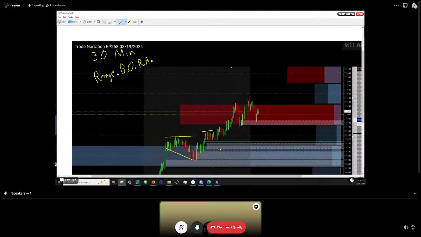Not much else to say. I think it's just a good trade from a technical perspective. I'm kind of getting where you have these repeating reclaims. Yep. Repeating reclaims.